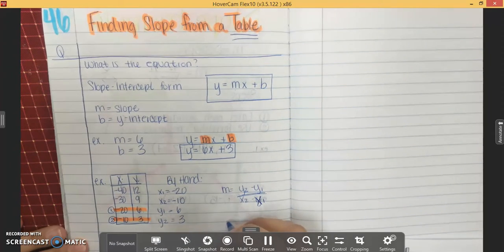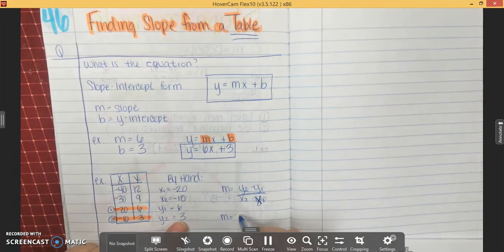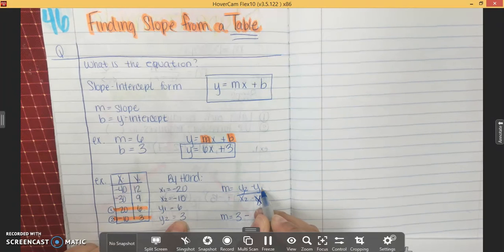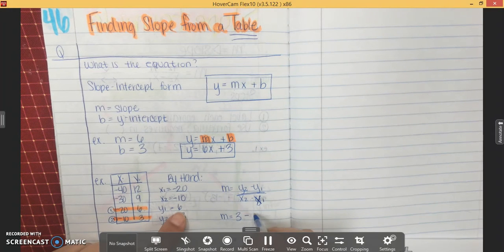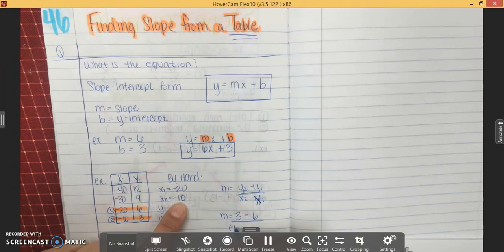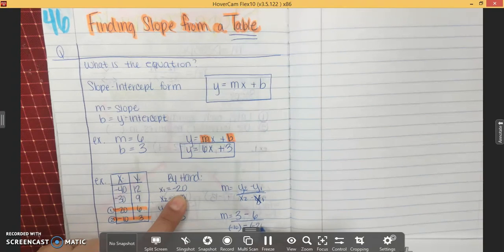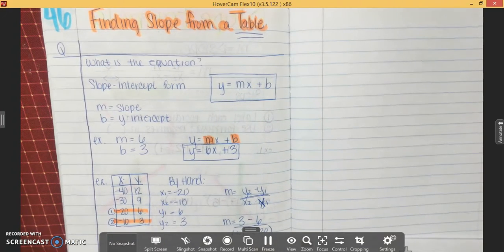So I'm going to plug it into my formula. My y2 is 3 minus y1, 6, over x2, which is negative 10, minus x1, which is negative 20.